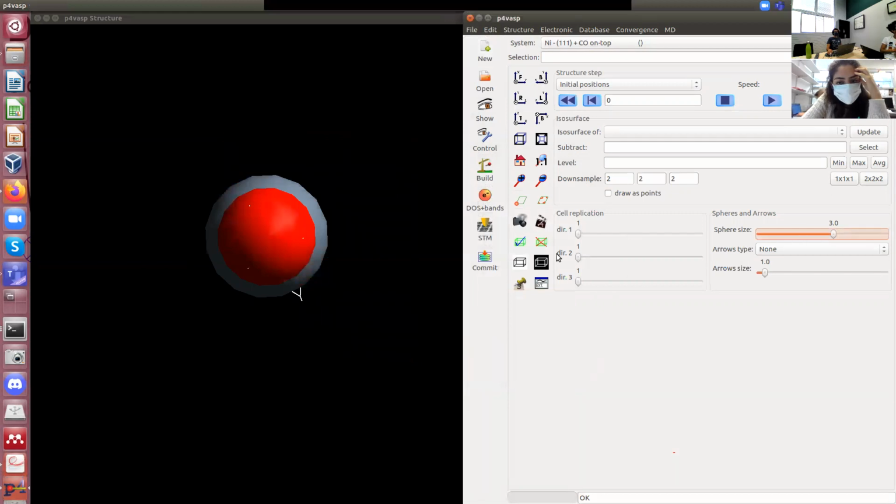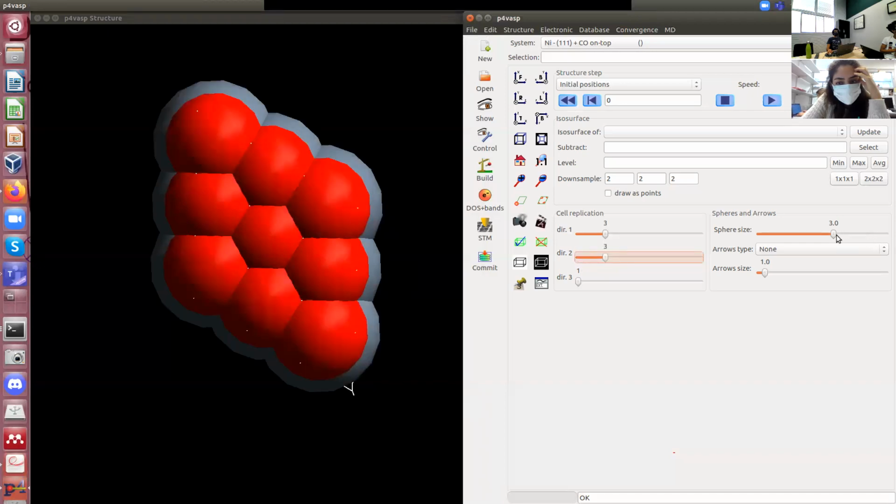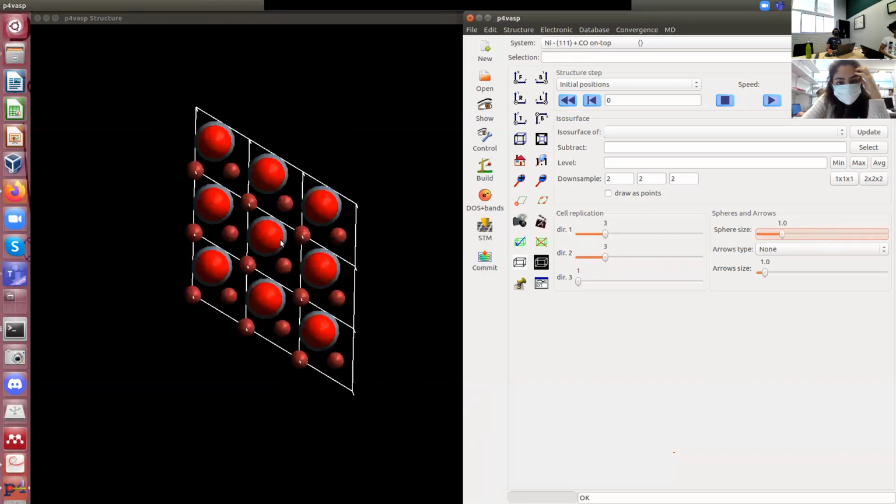In this system, there is very high coverage. That means that there is a lot of repulsion between the CO molecules because they are really close by. So the adsorption energy will be lower, like the CO may desorb at some point. But if you have a very low coverage, then you don't have any repulsion, so you have the interaction that is as strong as possible.